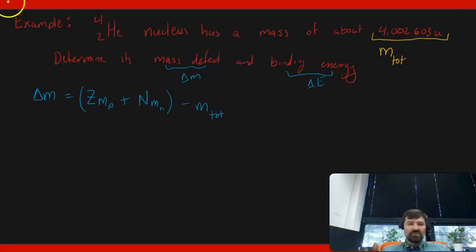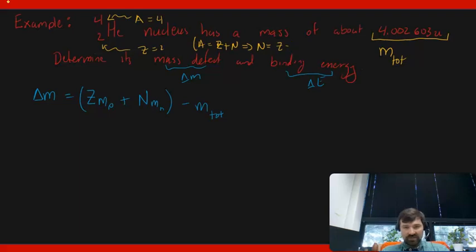Okay, so coming back up here, this is saying A equals 4, and this is saying Z equals 2. And we know that A equals Z plus N, which implies that N is A minus Z, or 4 minus 2, or 2.